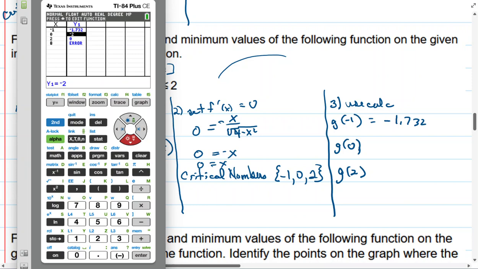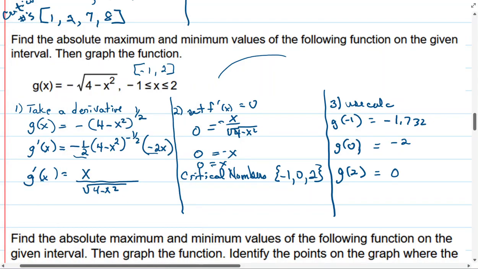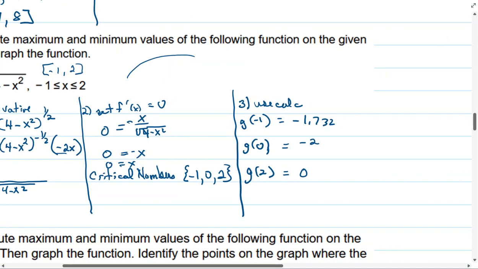And then I have a negative 2 and a. So what do I have? Evaluative. Well, this is the absolute min, isn't it? And this is the absolute max.